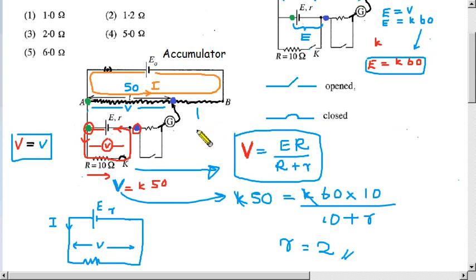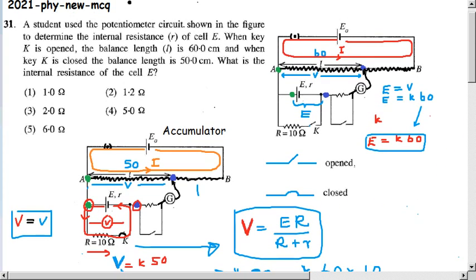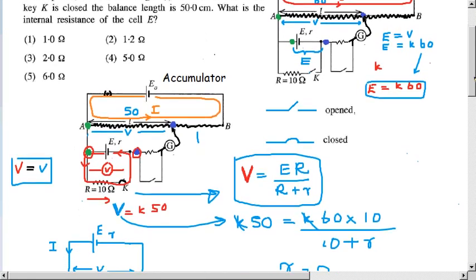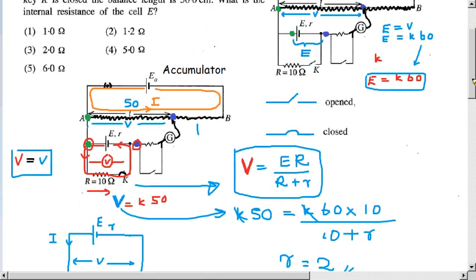It should have a uniform resistance. It is made of manganese. So I think I have explained everything here. So let us wind up this problem.